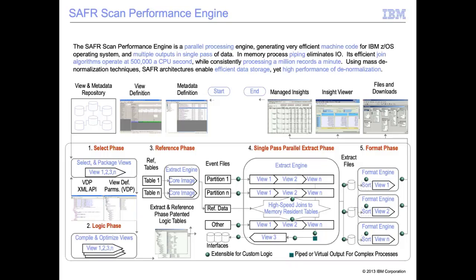So by defining different partitions as your input to the extract phase, GenevaERS will read the logic table. As it reads the logic table, it has model machine code inside of the GenevaERS execution engine for each one of the functions that has to be performed.